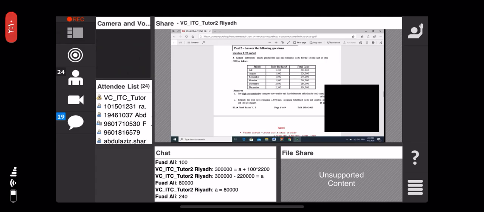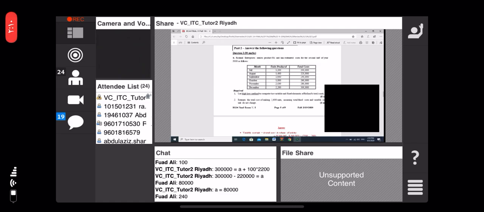Now if you said 240, this is the mixed cost for September.